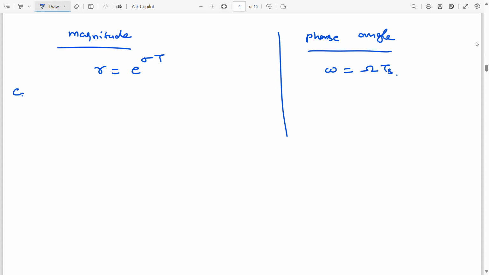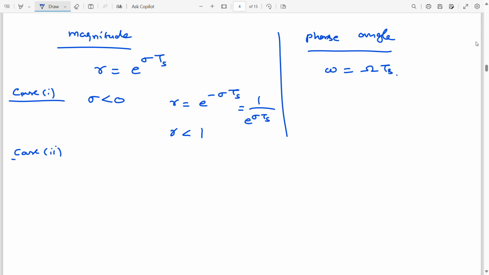Case 1, that is, if sigma is less than 0, R will become e power minus sigma Ts, so that R will be represented as 1 divided by e power sigma Ts, which means that R is always less than 1.